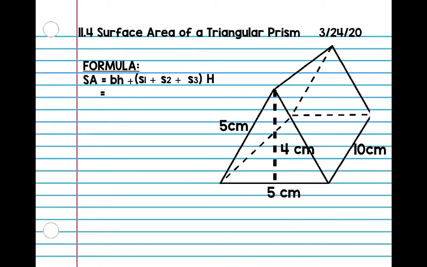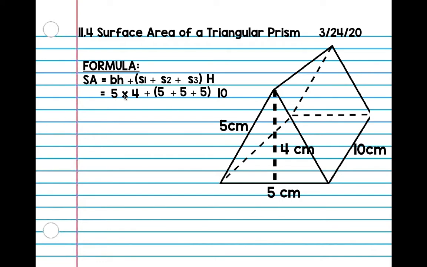All right, so let's go back to our triangle. So we're going to plug that in. Just watch me do it and you guys can follow along. So base times height, we have 5 times 4, and then plus, open parentheses, side 1, which is 5, side 2, which is 5 as well, and side 3 is 5. Then our height is 10. Okay, so go ahead and pause the video, and I want you guys to try to figure out what the third line is.